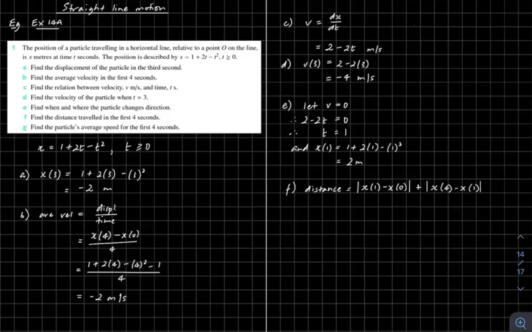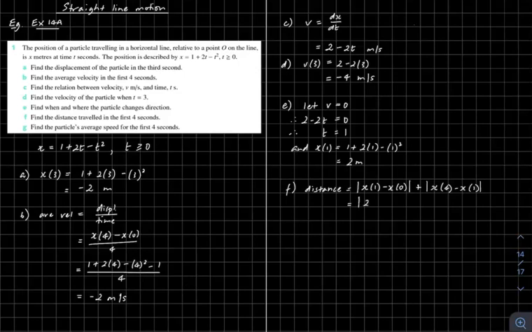So just to be clear on what that is, that's the displacement in the first second, and the displacement between second 1 and second 4, which is when it's moving in the other direction. So I want to calculate those separately.